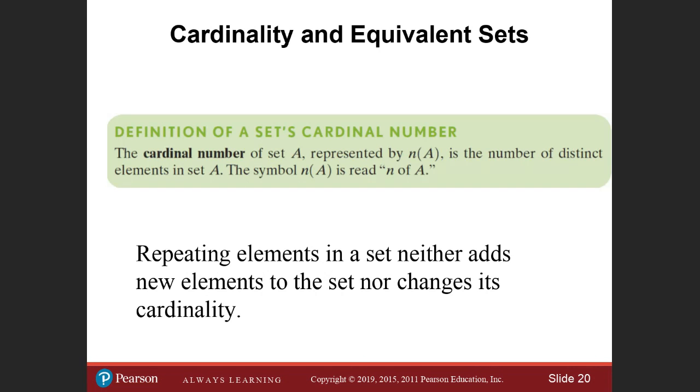So now let's go to cardinality and equivalent sets. I'll give you a chance to read what is a cardinal number and how you are going to find a cardinal number.